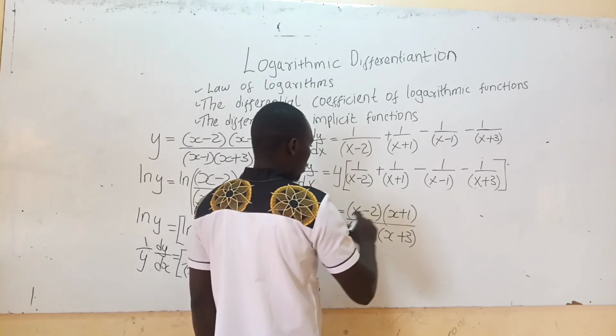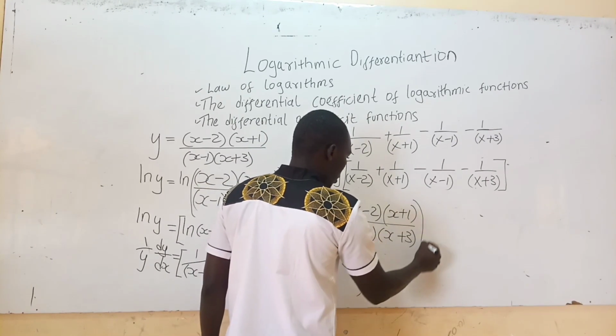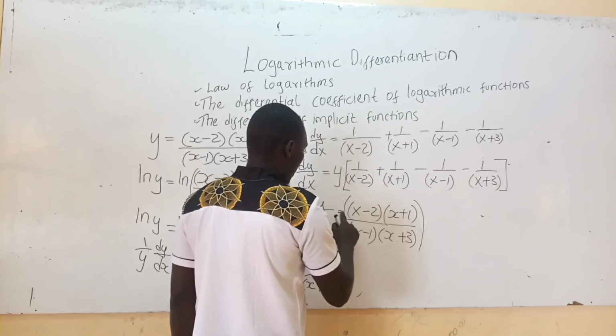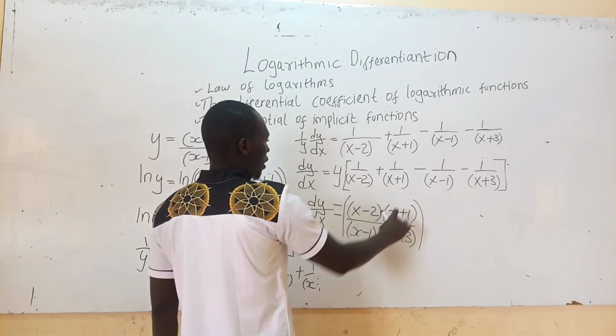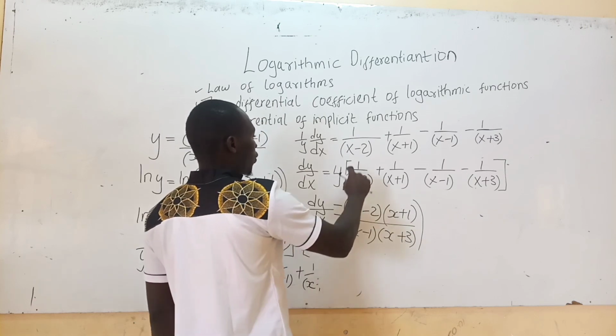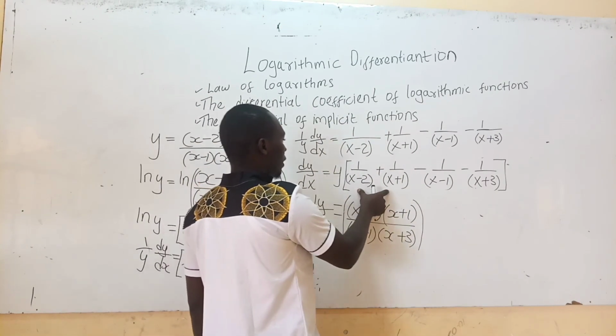We are going to have the whole of this one as a term of y. We multiply by whatever we differentiated.